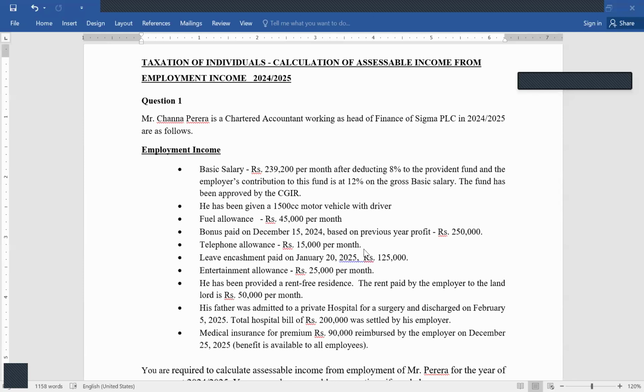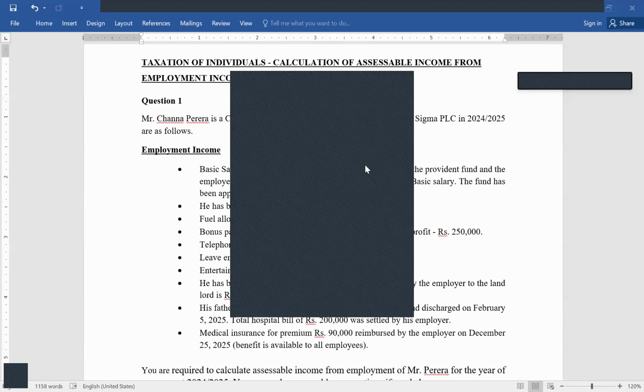Then bonus. Is it a liable amount or not? Bonus. Yes. Oh, yes, it is liable. He or she said, no, it should be another table in lump sum.